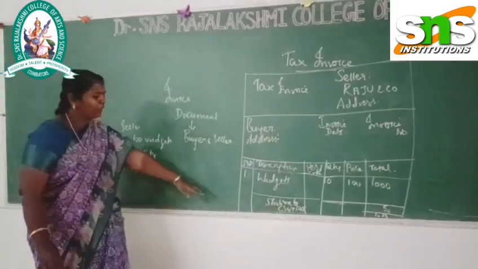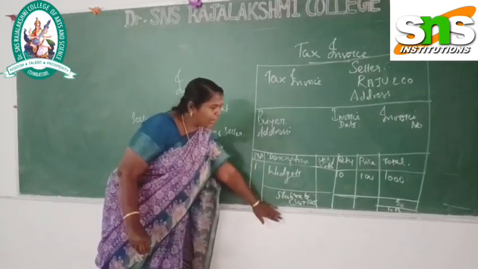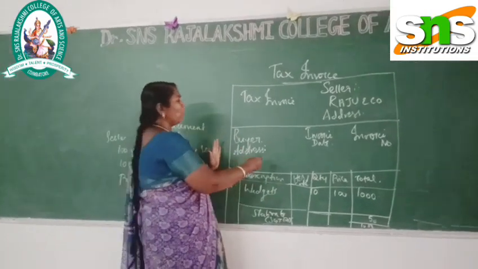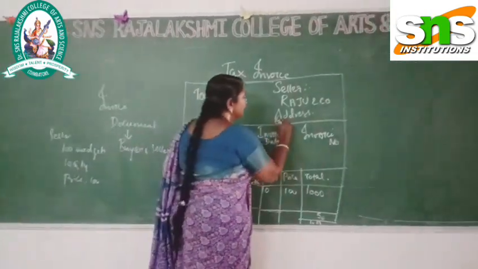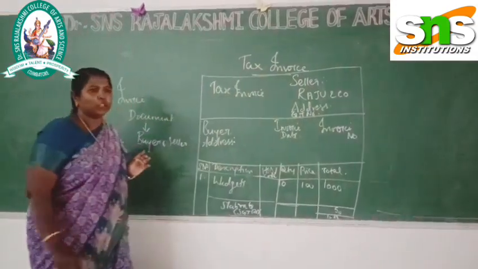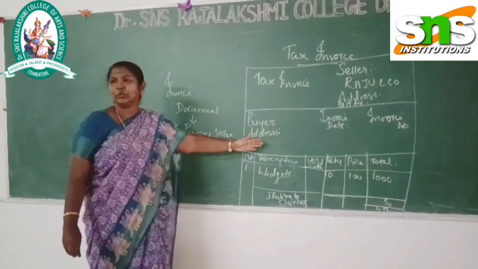At the bottom, the total amount should be written in words, and finally there is the authorized signature of the seller. The main thing we have to mention here is the GSTN number. This is important for the tax invoice because both the buyer and the seller have to pay the tax to the government.